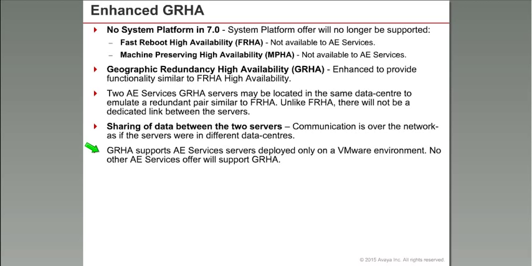GR HA supports AE Services servers deployed only on a VMware environment. So that's either the AVP or VE model. What we're talking about there is not software only. So customers need to use a VMware environment for GR HA.